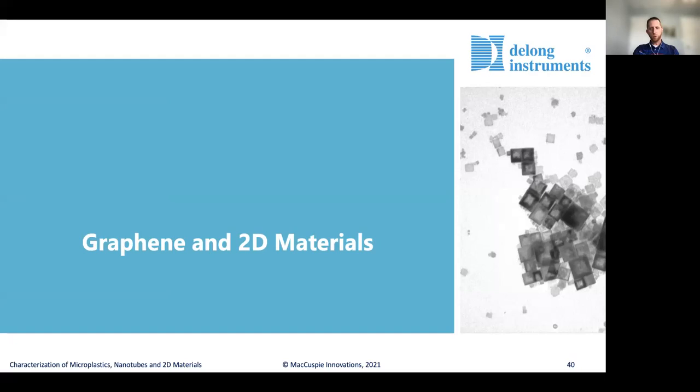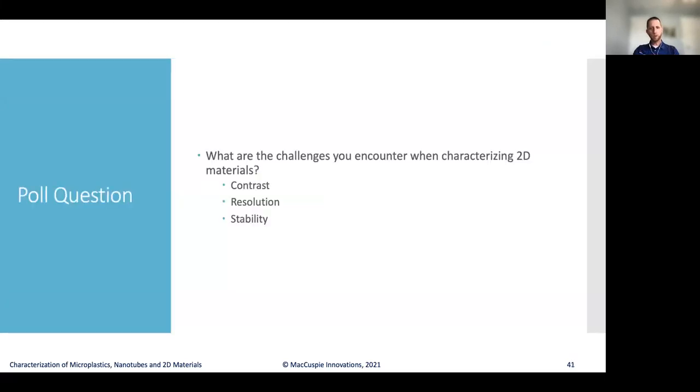So let's move into the section on graphene and 2D materials. As we kick this section off, I'd like to do a final poll just to understand, in the audience, what are the challenges that you encounter when characterizing 2D materials? Is it contrast or resolution or stability? What are the biggest challenges? We'll open the poll for a few moments here to give people the opportunity to respond.